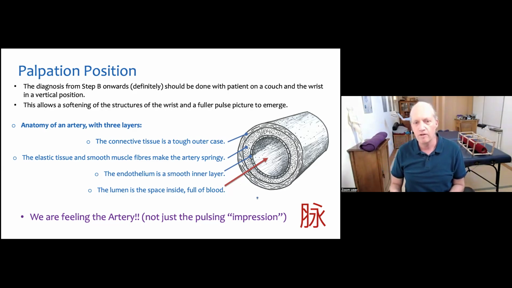But for step B, we're going to be using the sides of the pulse, and for that we shouldn't just say sides of the pulse. We're talking about sides of the artery. So this is a key thing for you to change in your mind, the idea that it's an artery that we're feeling.